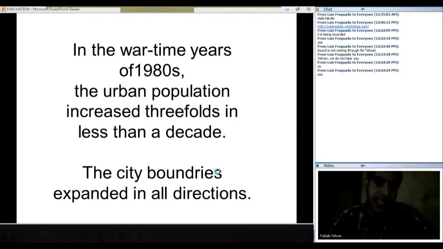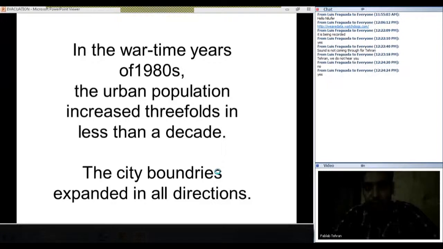Tehran experienced its major demographic change in the 1980s, the years of the war with Iraq, and the city attracted many refugees and settlers from the rest of the country who were in search of safety and better economic situation.